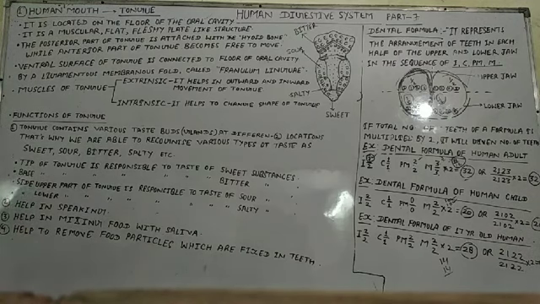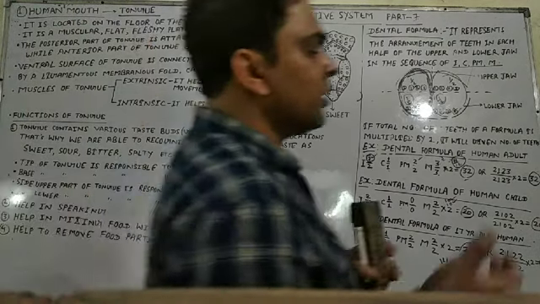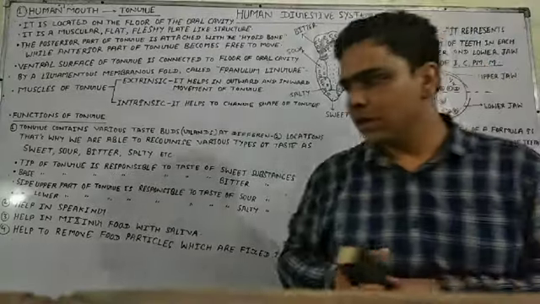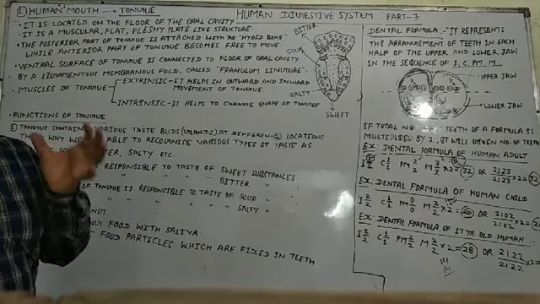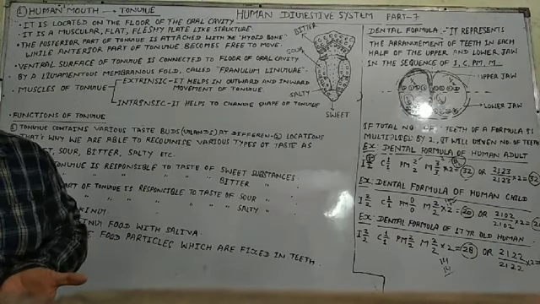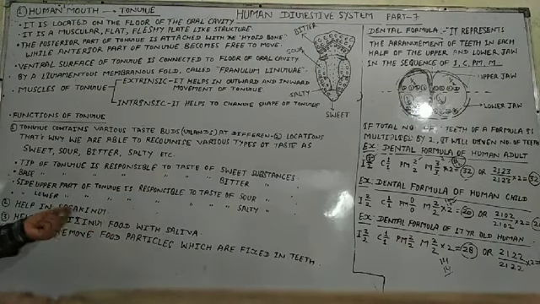So with the help of the tongue we can speak easily. And if there is no tongue in our buccal cavity, some persons are not able to speak. So the tongue plays a very important role in speaking.